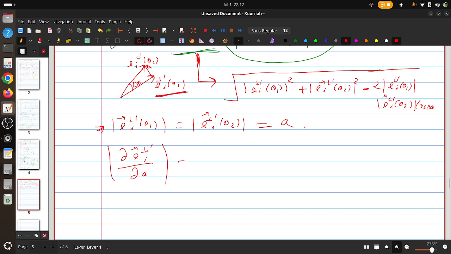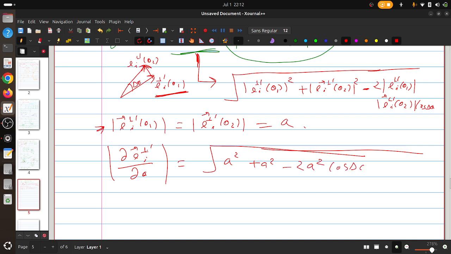I should have simplified it, but let's just deal with it. So this is A square plus A square, and this would be minus 2A square cos delta theta. You can take 2A square out, so it will be root 2A, and this would be simply 1 minus cos of delta theta.